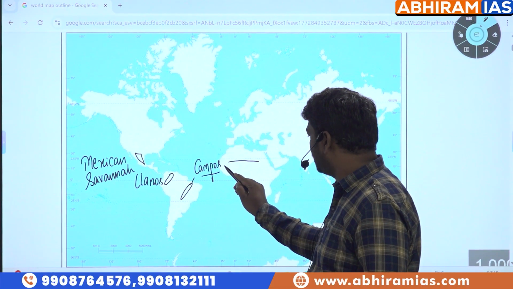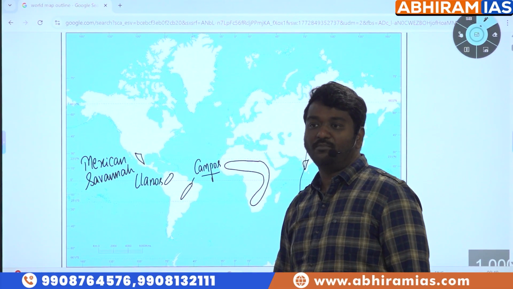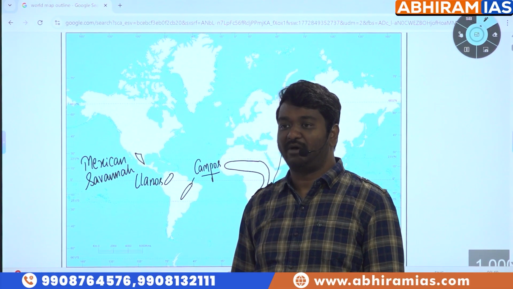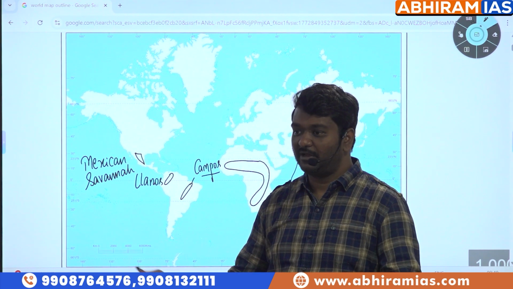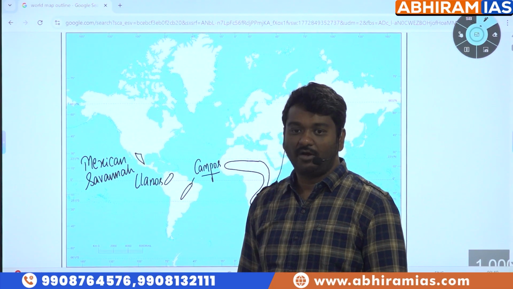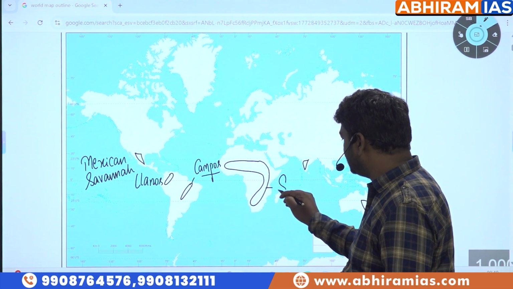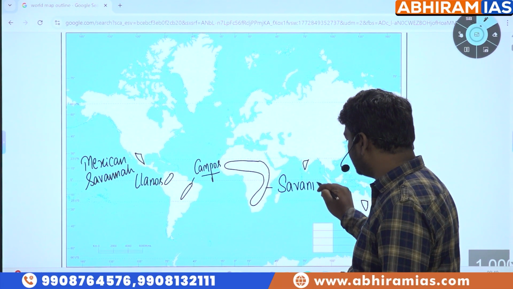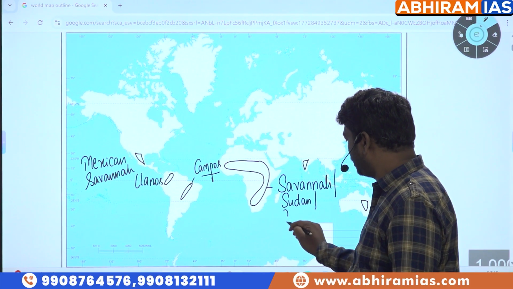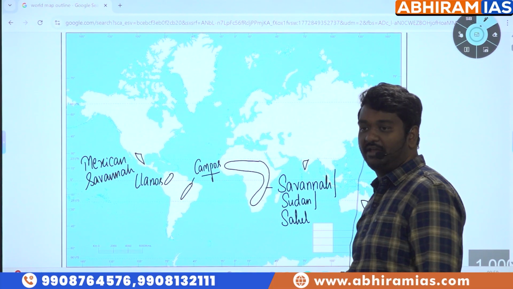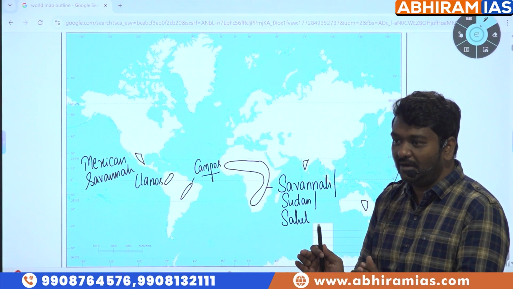In Africa, see here, Somalia, Sudan, where lots of people are being killed. People have forgotten, news is not coming about that, but killing is still going on. This climatic condition is called savanna region, Sudan region, Sahel region. The three terms are one only: tropical grasslands.